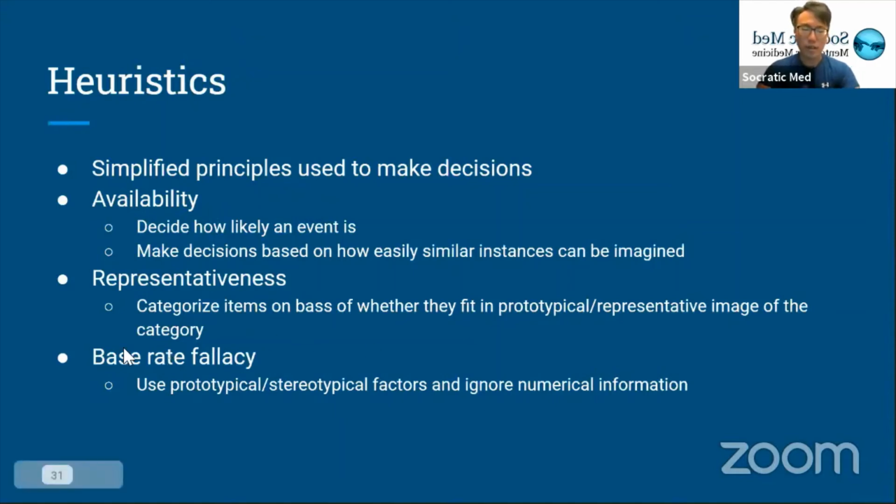The classic example of when heuristics are not 100% reliable is the base rate fallacy. That's when prototypical and stereotypical factors are used instead of numeric, actual information. You ignore the information presented in front of you and use the stereotypical or prototypical image that you have of a specific topic.